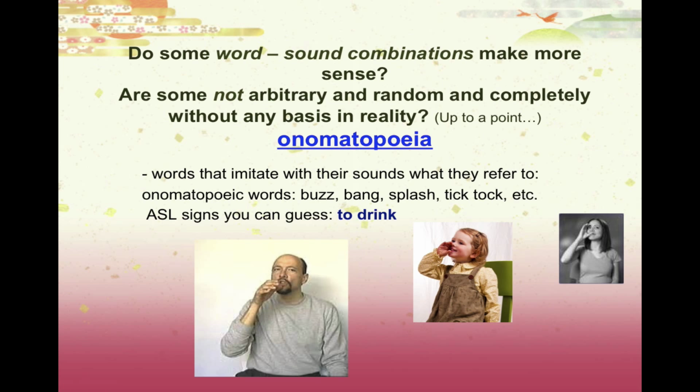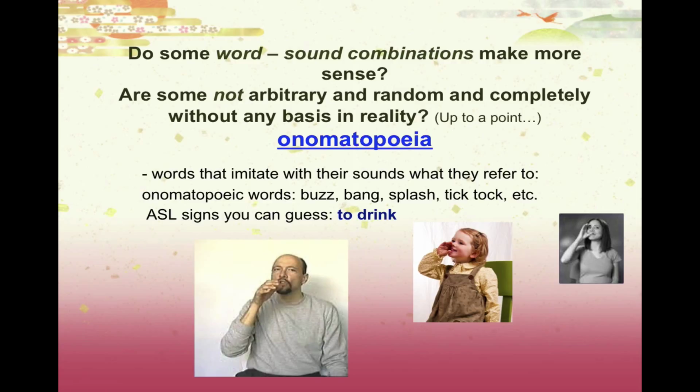Anyway, okay, so people though ask, do some words and sound combinations make a little bit more sense? Are some of them not arbitrary and not random and not completely without any basis in reality? And up to a point, yes. There is a small number of words in every language, and they are not completely random.